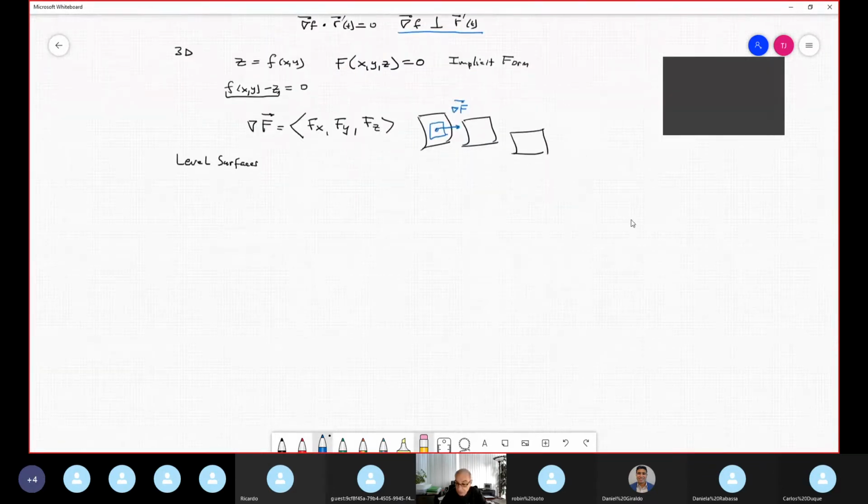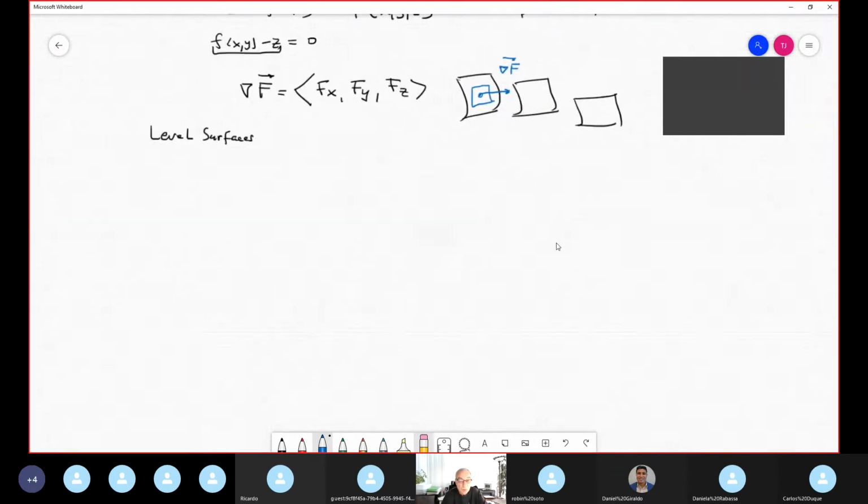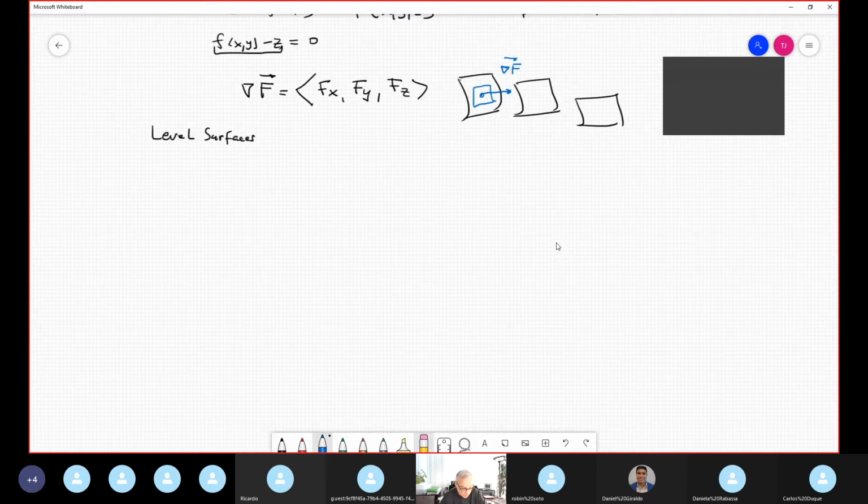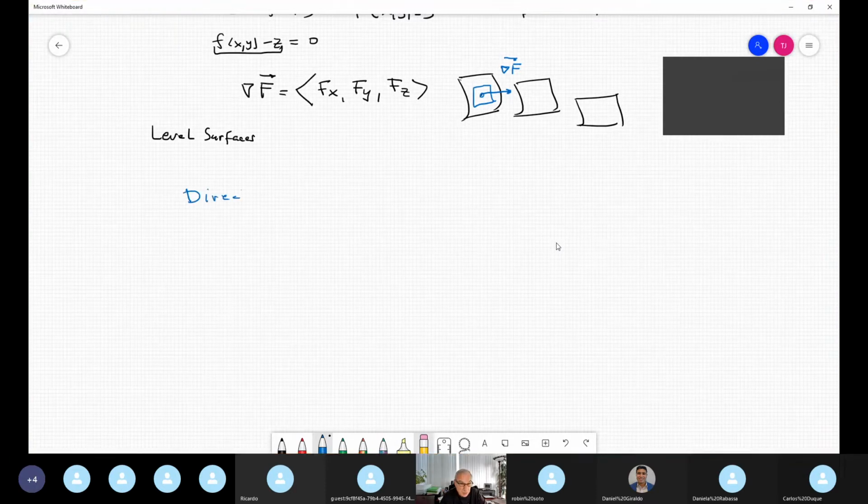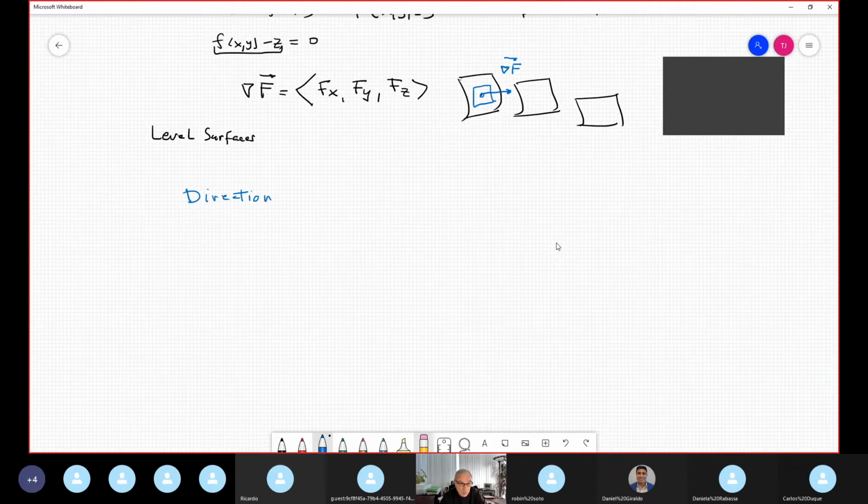Okay, I want to define. Today is the day of the definitions. Directional derivative. Oh, what is that? Directional derivative is like a derivative in any direction.